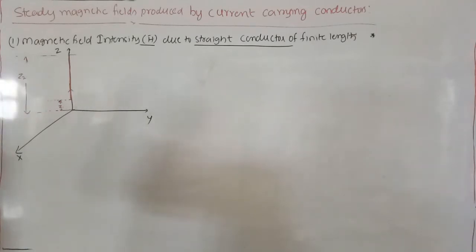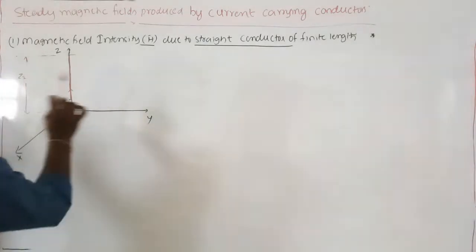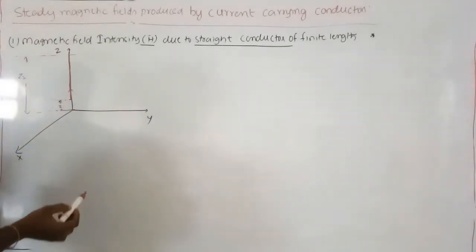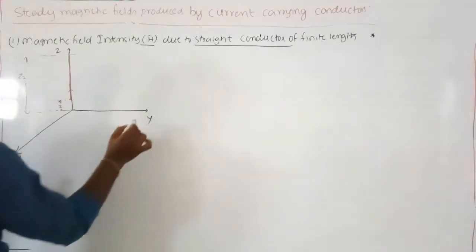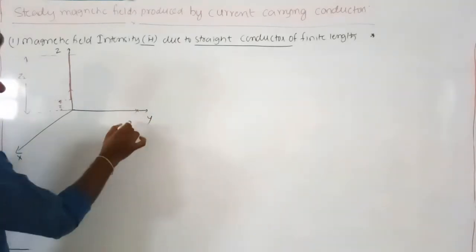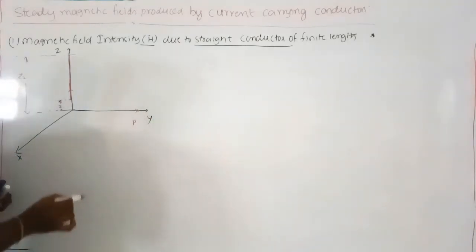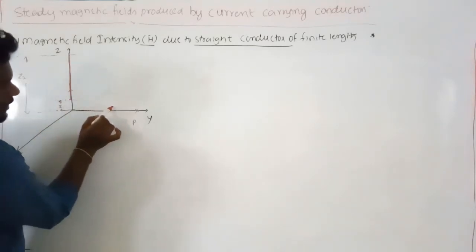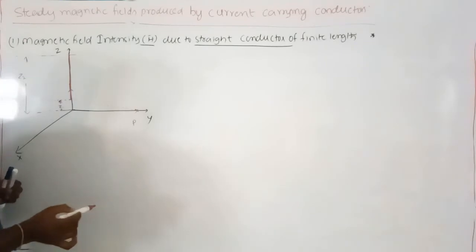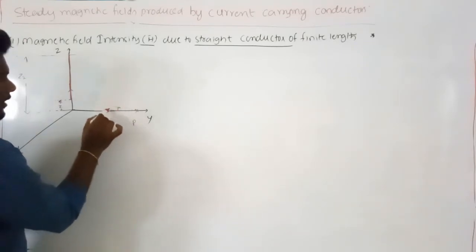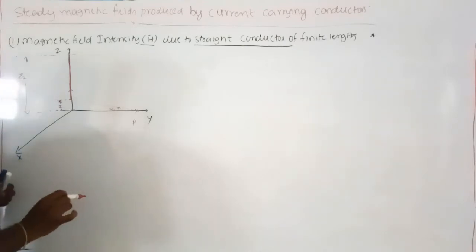It produces a magnetic field around it like this. Now at any point on the magnetic field line we are going to calculate the field intensity. Let us consider point P on the y axis, and draw dotted lines between the bottom end of the conductor and point P, making an angle alpha 1 with respect to the y axis.